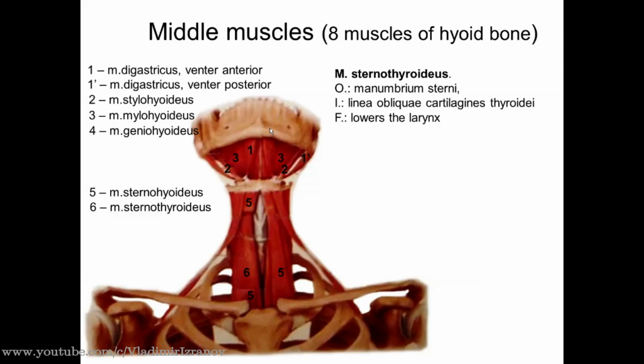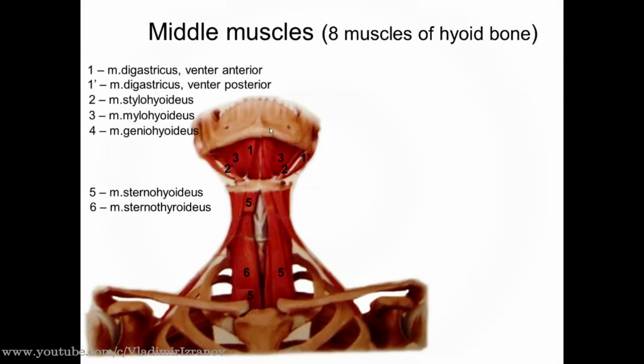And the next, number 7. You can see that number 7 is a continuation of number 6. It's musculus thyrohyoideus.